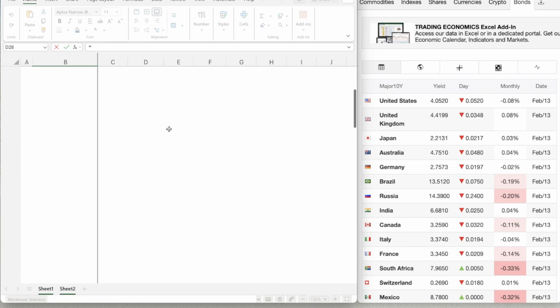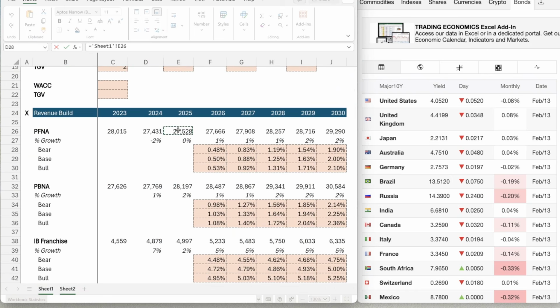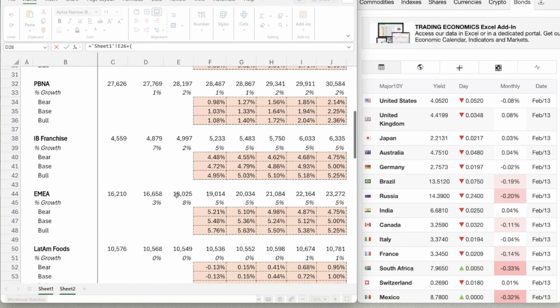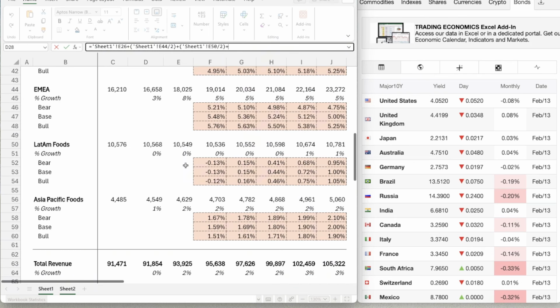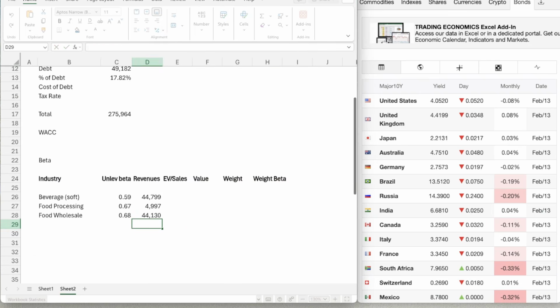And the food wholesale is going to be this one, PFNA plus Europe divided by 2 plus LATAM divided by 2. Yeah, that's good.